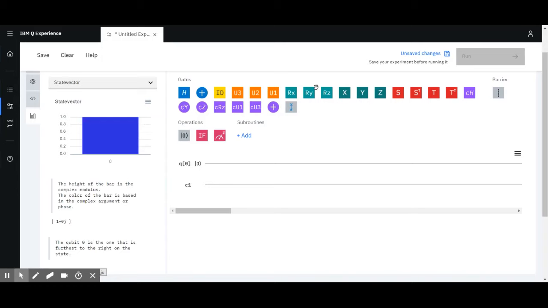I want to focus on the ones that are greenish here, or turquoise, and first show you what happens when you use the X, the Y, and the Z gates. Those are specific cases. What I realize is that the rotation gates are the ones you can use to fine tune how you want to shift, how you want to rotate that information.